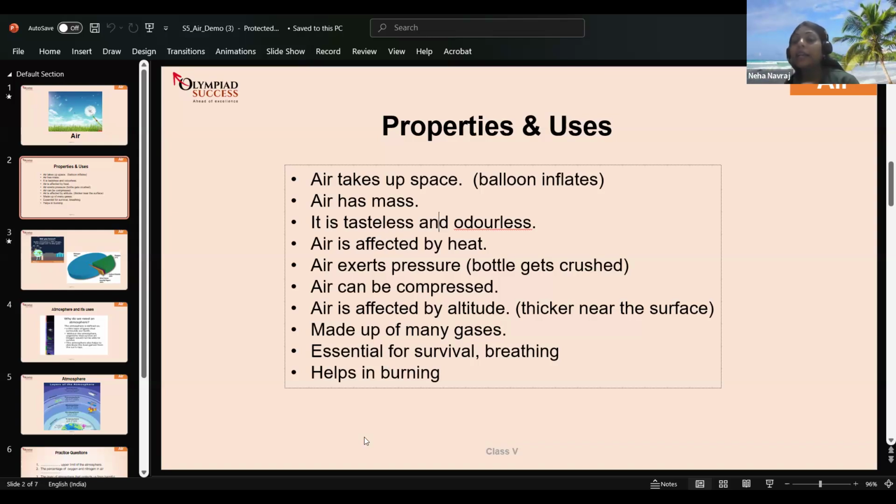Next, it helps in burning. Do you know what combustion is? Combustion is a process of burning in the presence of oxygen. When you burn a paper, have you seen that it burns very easily? So that is how it helps in burning.